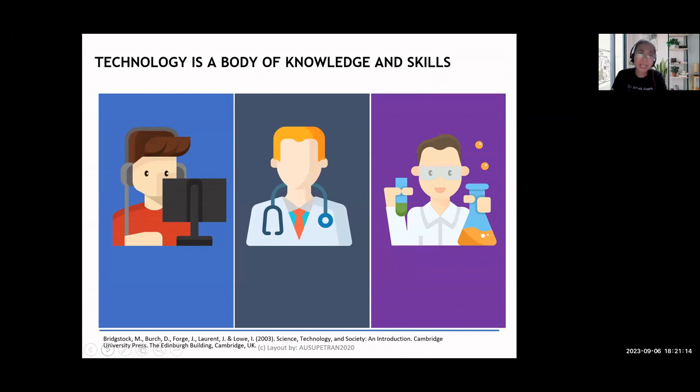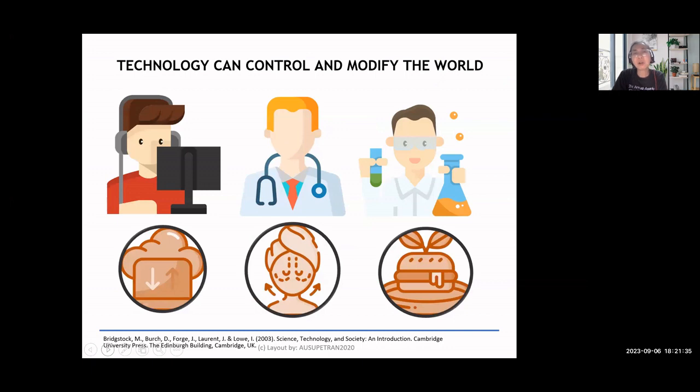Okay, so just like science, technology is also a body of knowledge and skill. The knowledge here is actually the process of applying science into processes that would allow us to create something out of it, just like technological products. Now, technology also can control and modify the world as we know it.